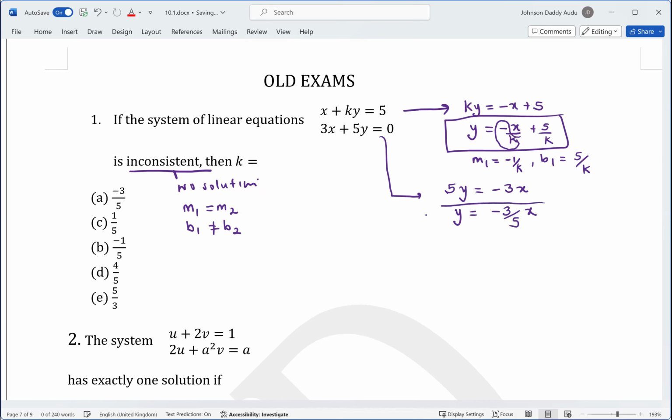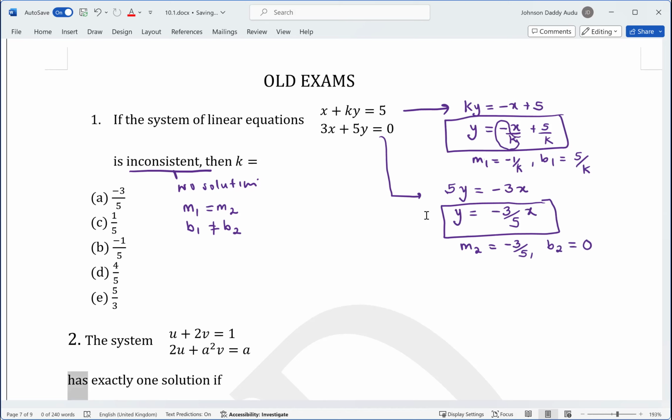So this is it. And what does that mean? It means your m2 is minus 3 over 5. But what is b2, which is your y-intercept? It's just going to be 0.